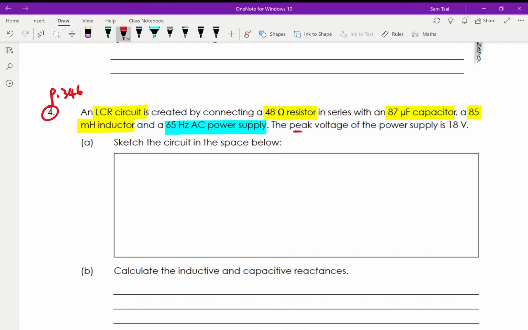The peak voltage of the power supply is 18.